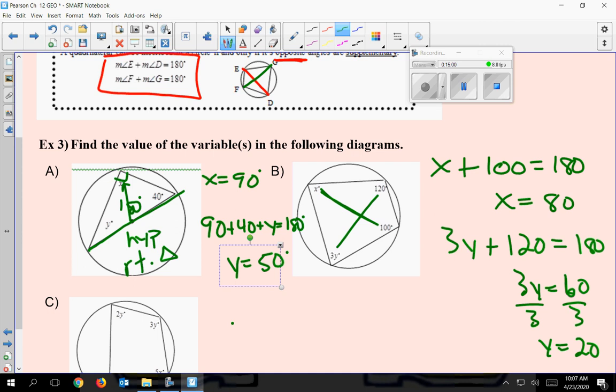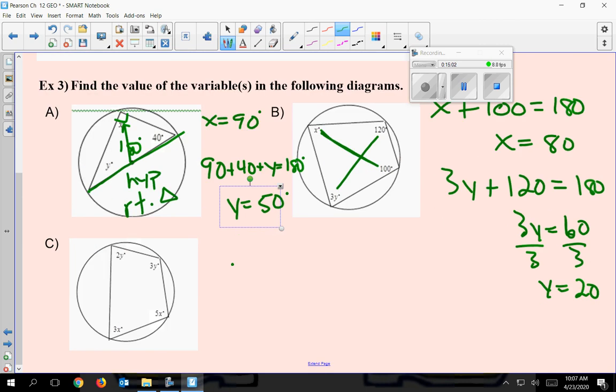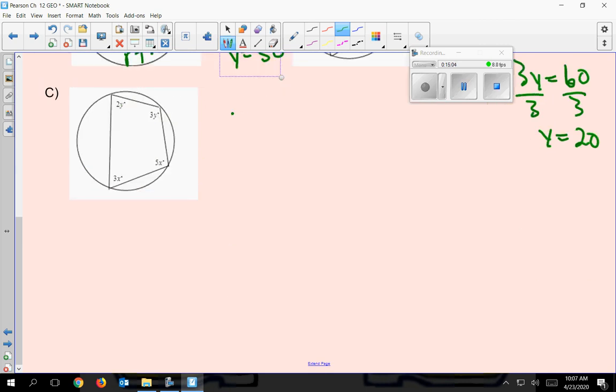All right, this last question, we're throwing some algebra at you, so this one gets a little bit tough. I'm taking the rules that I just found: if I have a quadrilateral and it's inscribed, then the opposite angles need to be supplementary. So I'm going to take 5x and 2y are supplementary, so equals 180.